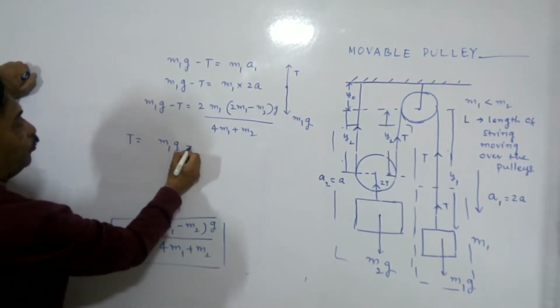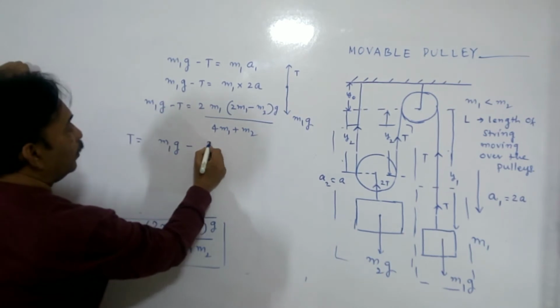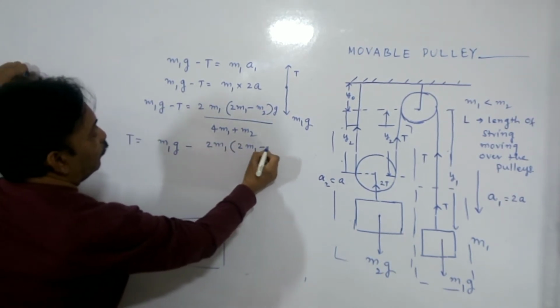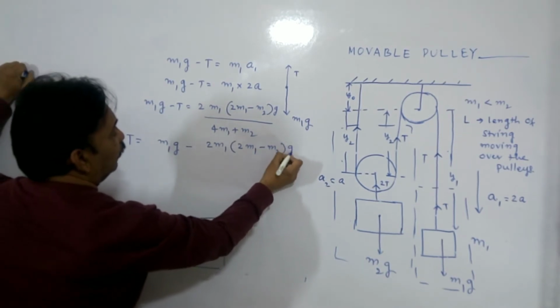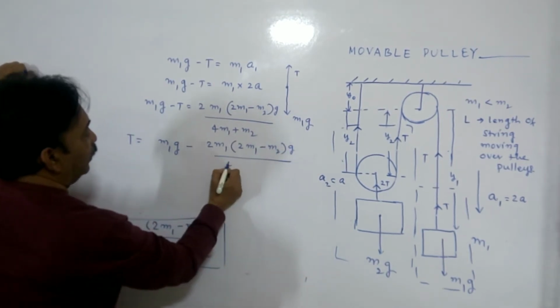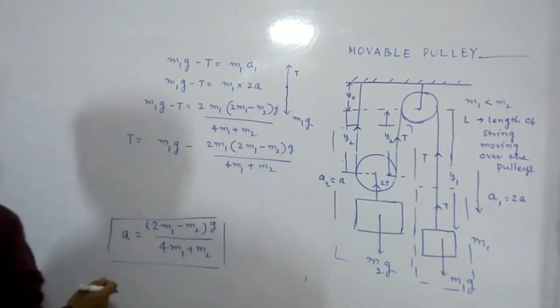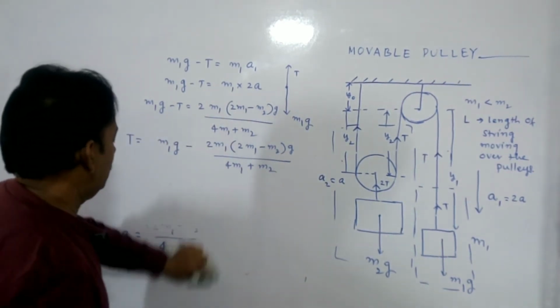Then T can be written as m1g minus 2m1 of 2m1 minus m2 of g by 4m1 plus m2. Okay, students.